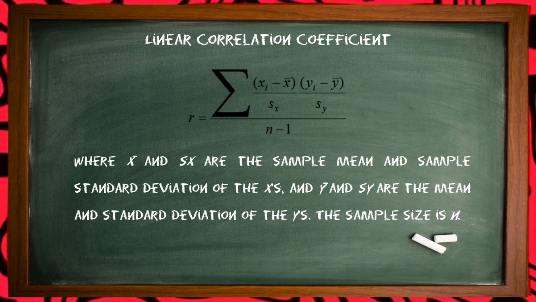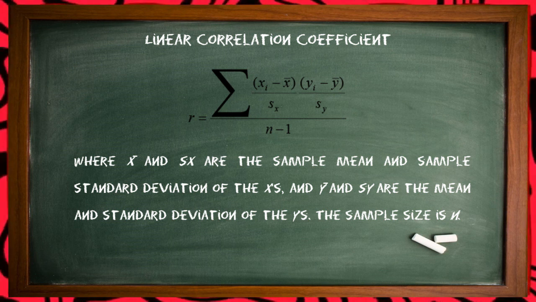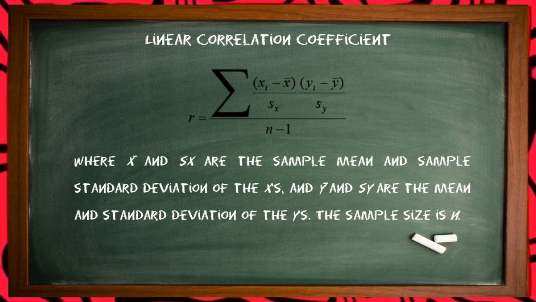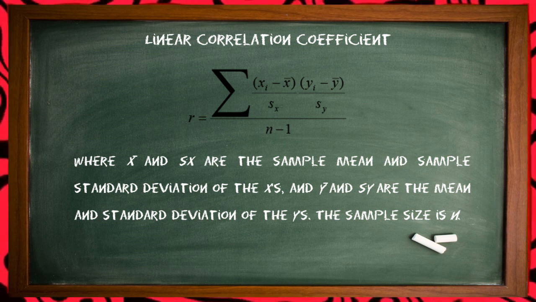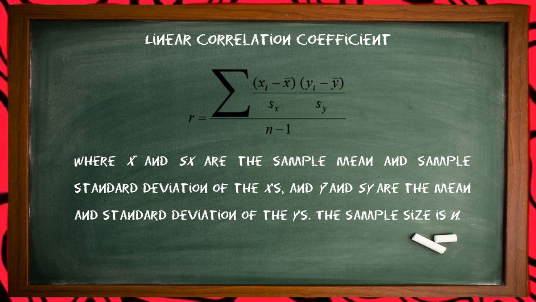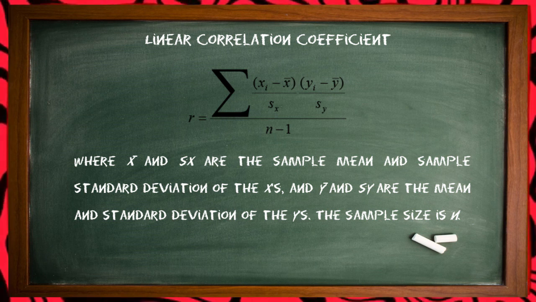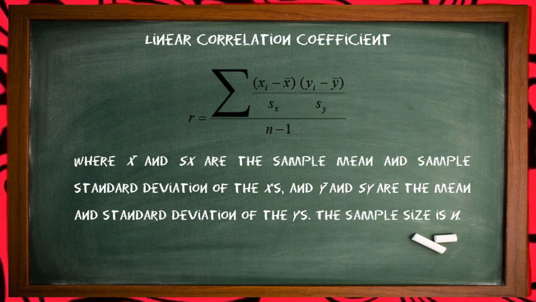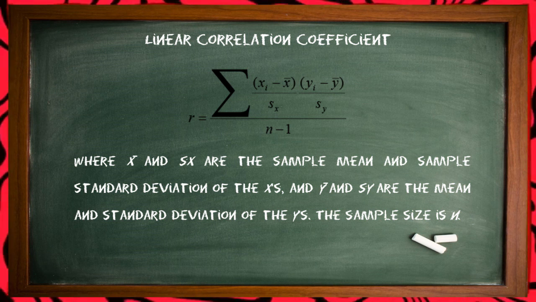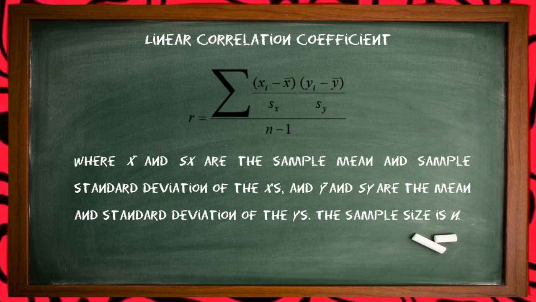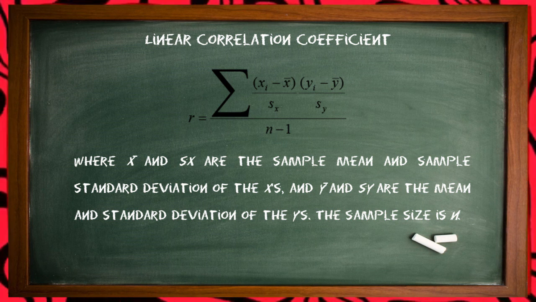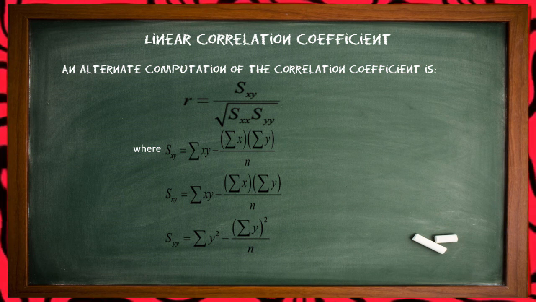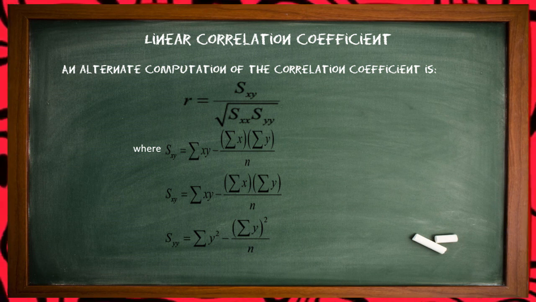To quantify the strength and direction of the relationship between two variables, we use the linear correlation coefficient that is flashed here on the screen, where x̄ and sx are the sample mean and sample standard deviation of the x's, and ȳ and sy are the mean and standard deviation of the y's. The sample size is n.